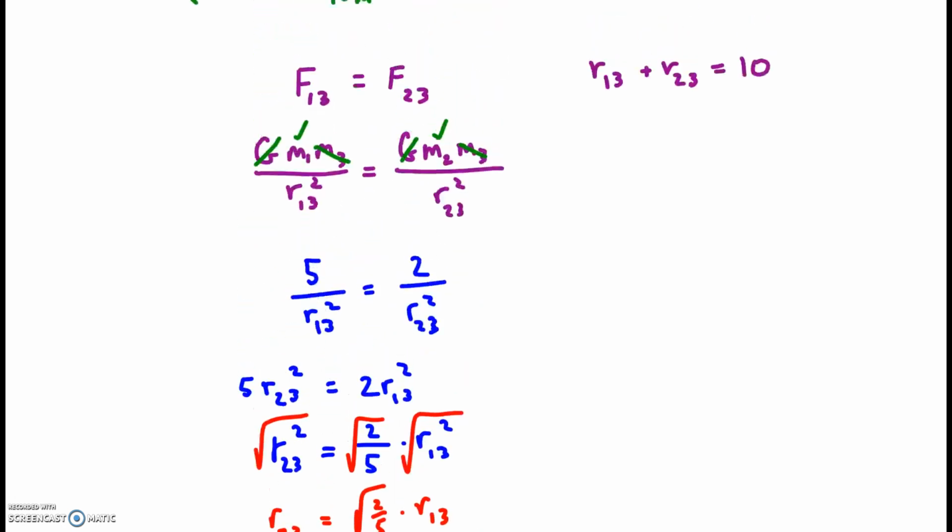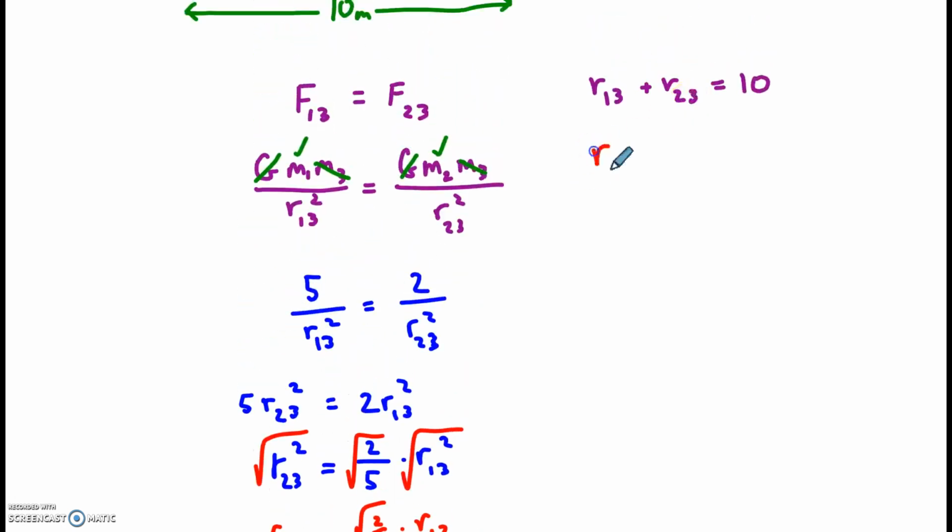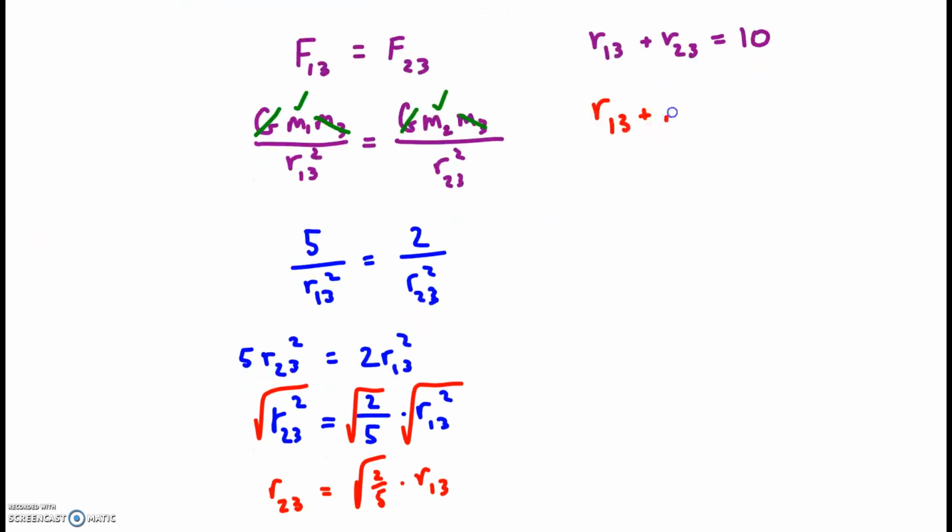Now I take that formula and I plug in for R23. What was it? It was square root of 2/5 times R13. Well, this is like saying I have 1 times R13 plus radical 2/5 R13. Let's factor out R13.